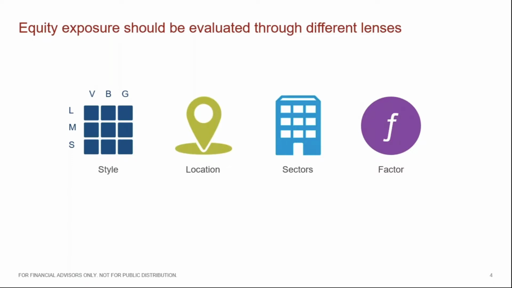So when you think about factors as a new lens, it really exists in these other pieces. In our opinion, it's just a more deliberate, more explicit way to measure risk and return expectations of your portfolio. But I just want to be clear in saying that's definitely not something that we would argue is brand new. I think the tools are relatively new, but the concept or the thinking about it, as you can see, has existed for some time. We just have a more precise way to measure it now.